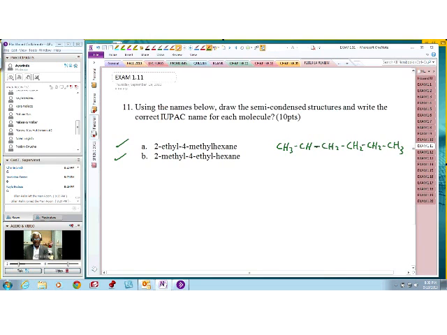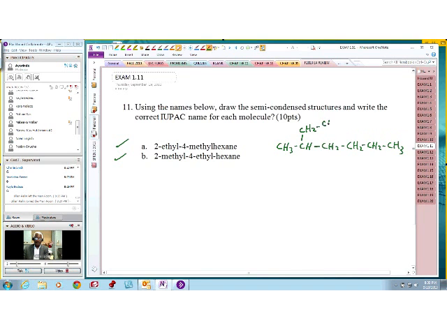The reason I keep doing that is that many of you simply place a substituent on this carbon here without removing the hydrogen. If you do that, you will lose points, because keep in mind, carbon is tetravalent. You cannot give carbon more than 4 bonds.